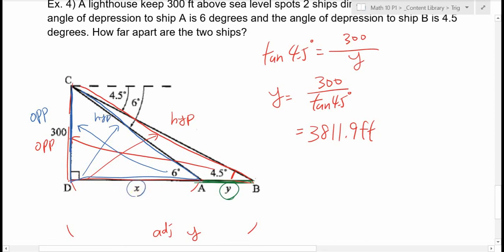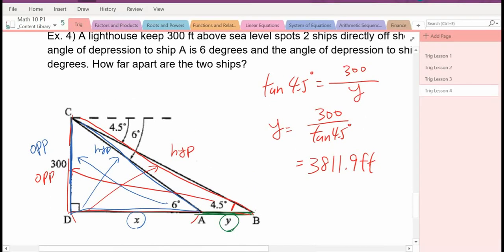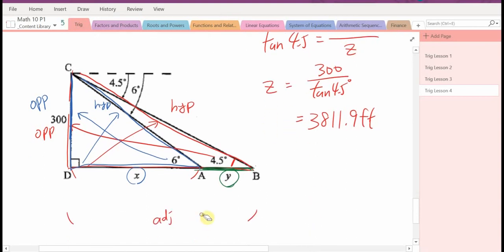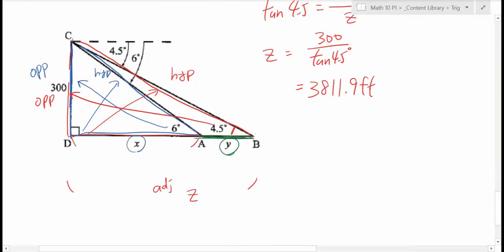And x. Oh, shoot, I shouldn't use y because y is the one that we wanted to solve. Okay, let me change that. Instead of y, let me call that z then. Okay, let's change that to a z because we already have y labeled there. Okay, my bad. We can solve for x. Again, we know the opposite side and we're trying to solve for the adjacent side.